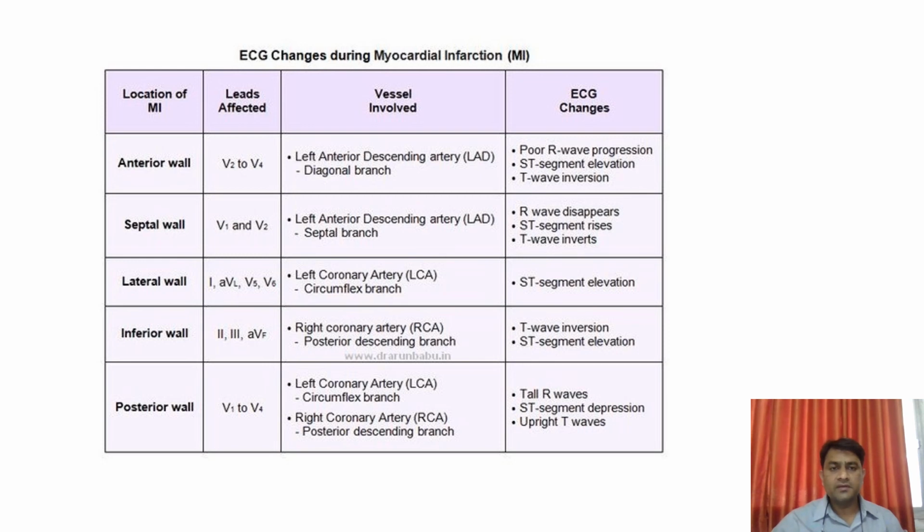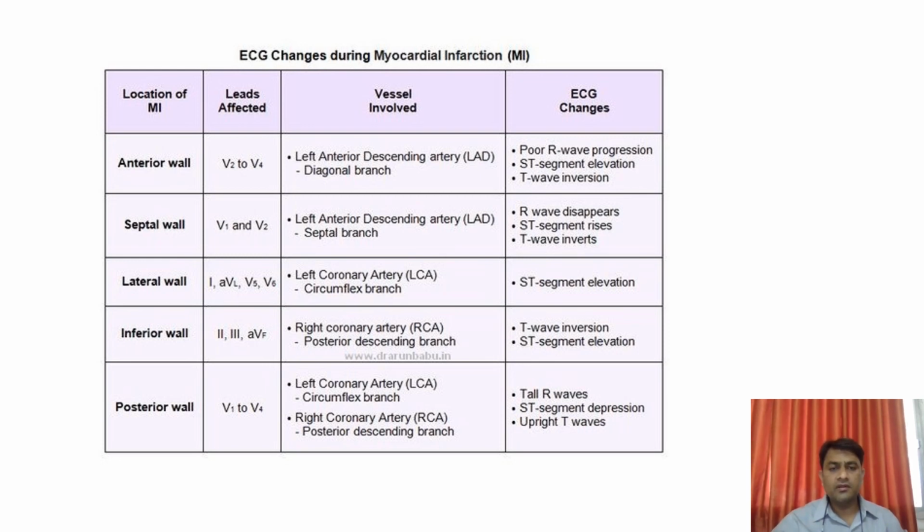So I repeat once again. If there is an anterior myocardial infarction, leads affected are V1 to V4, left anterior descending artery, diagonal branch, poor R wave progression, ST segment elevation, and T wave inversion. Septal wall: V1 and V2, left anterior descending artery, septal branches, R wave disappears, ST segment rises, T wave inverts.